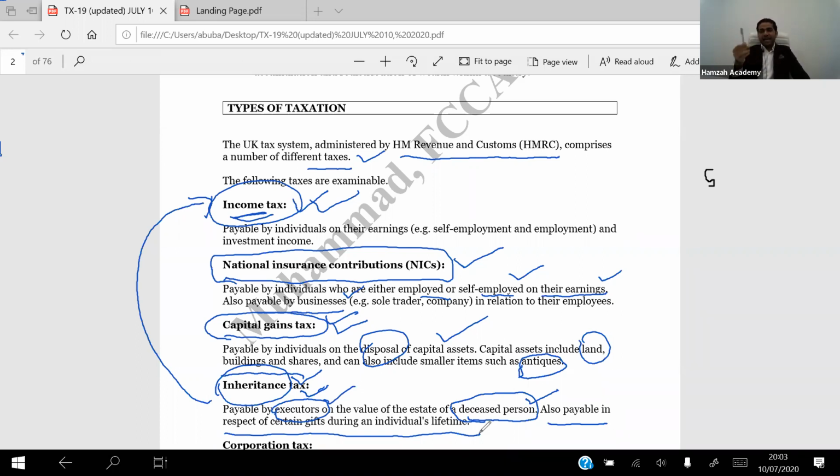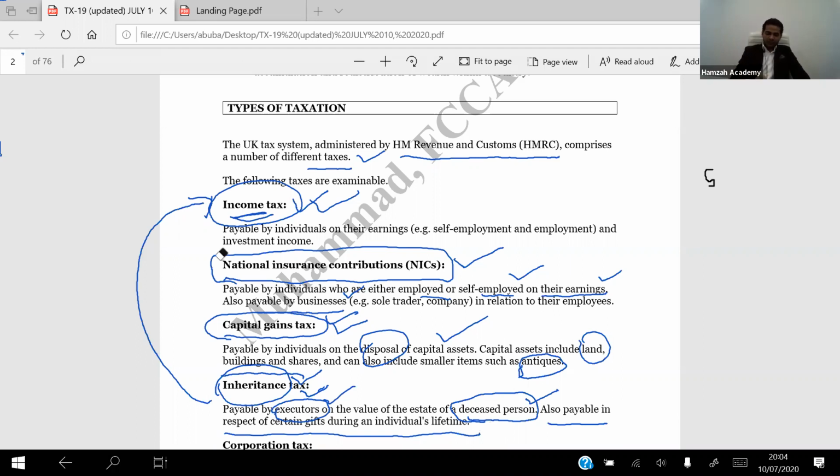So that receipt of benefit towards me is actually making me pay tax on the market value, or the value available in the question. We should not be concerned with that part, because that's a very practical thing, what should be the market value and everything. So the market value of that particular asset will be available in the question.